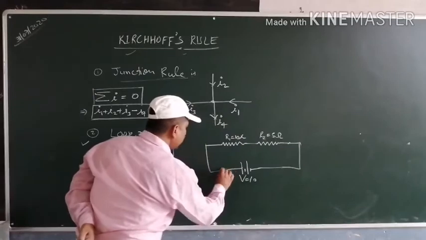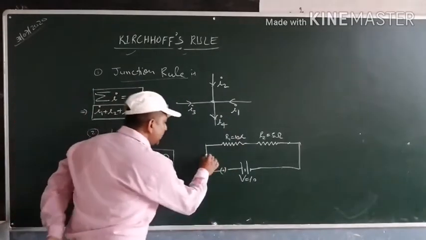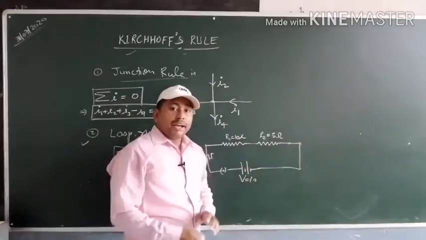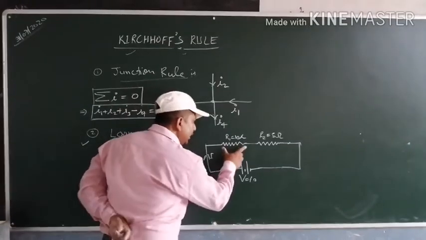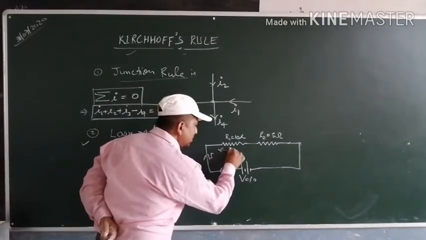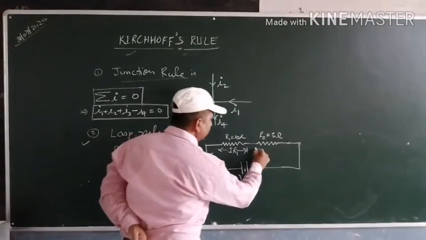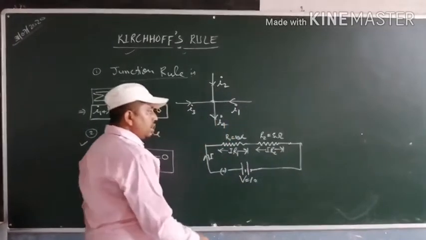Then what will happen when the switch is on? A current I is set up through the resistors, and there is a potential drop across the first resistor equal to IR1, and the potential drop across the second resistor will be IR2.